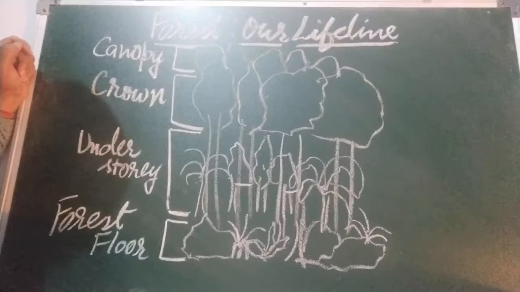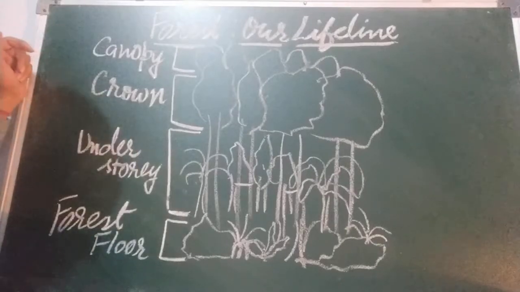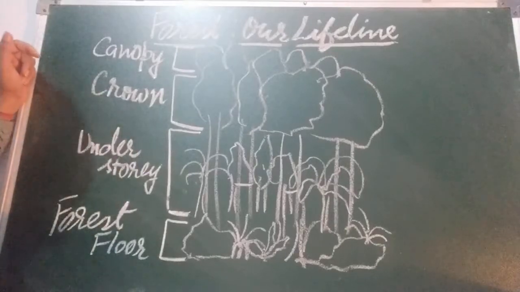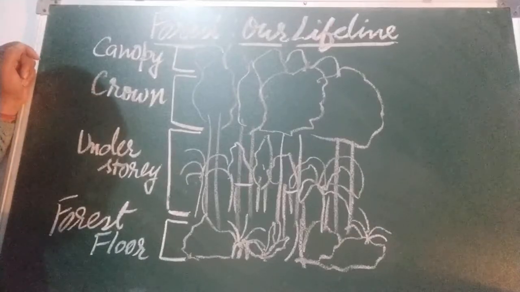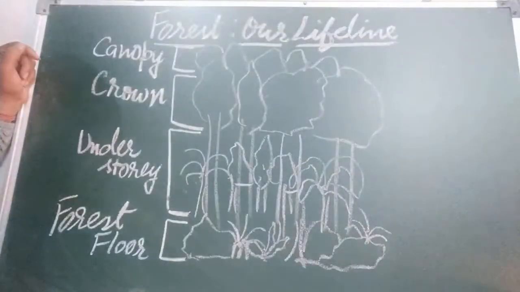A large variety of insects such as millipedes, ants, and beetles are found on the forest floor. The largest animals in the forest, such as tigers, lions, bears, deer, etc., live on the forest floor.